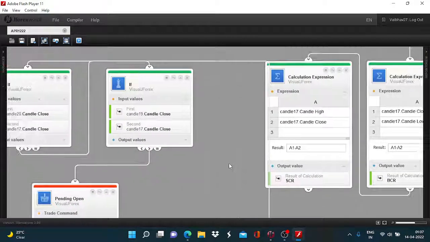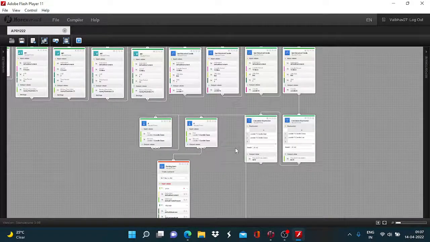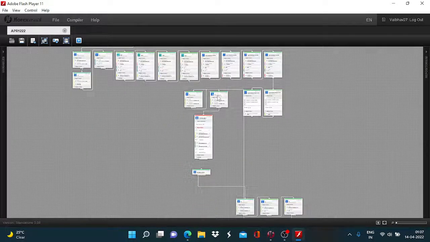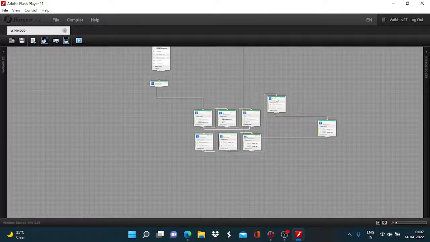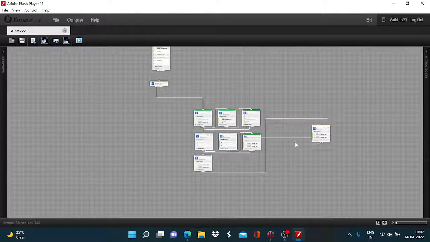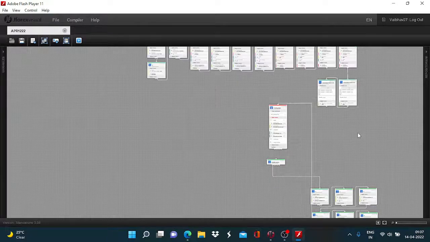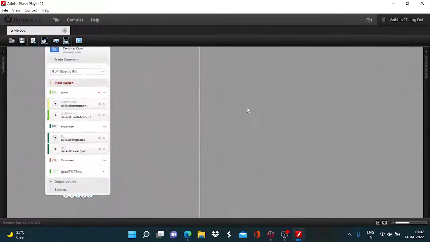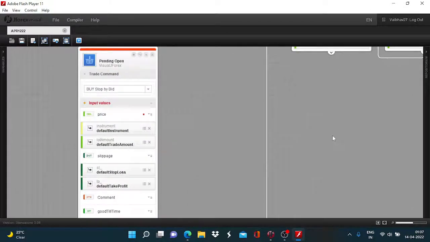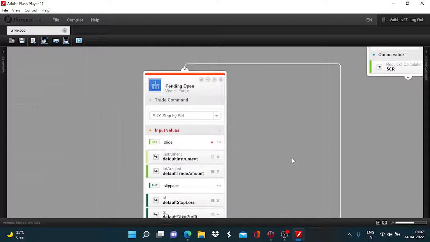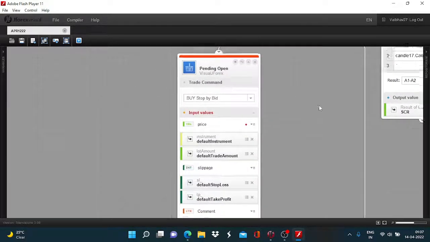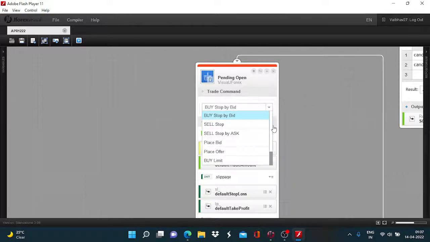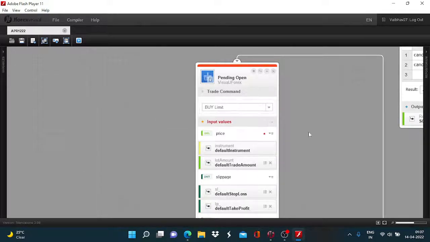Now we will have to use the values which we had defined yesterday. There is going to be a limit order, so I use by limit.